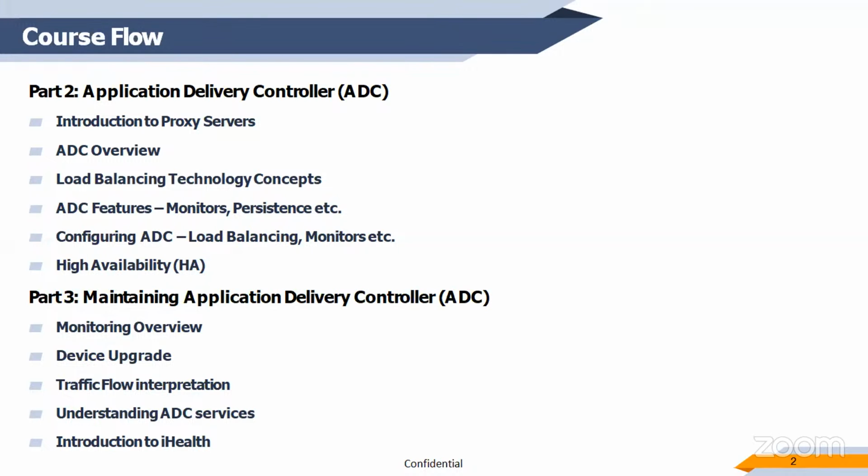So we'll be reviewing monitoring, an overview of how you can monitor the F5 appliances, device upgrades, and high availability, how you can interpret the traffic flow, and what the multiple services in the ADC appliances are, and an introduction to iHealth. iHealth is, if you're into Cisco, something like the F5 way of analyzing the tech support file of the F5 device. So that is what iHealth means. I'll take you through the introduction of iHealth as well.